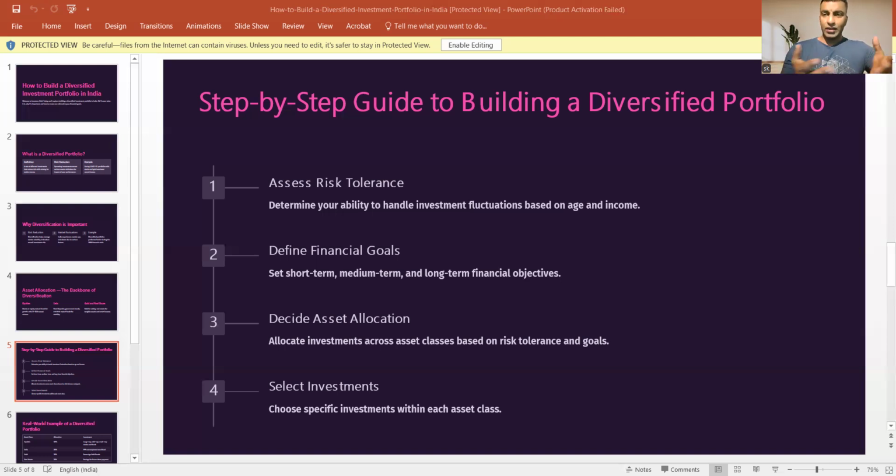So based on your risk tolerance and your goals, which you have defined, you need to decide how much to allocate to each of these assets. For example, mostly I'm talking about 30 because we are all coming in that category, but there are many who might be watching this video in future, who might not be 30, who might be lesser, or who might be elder also.